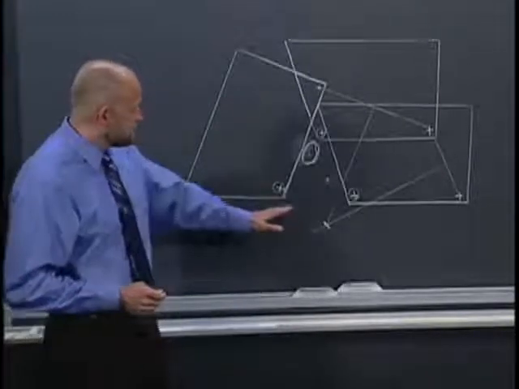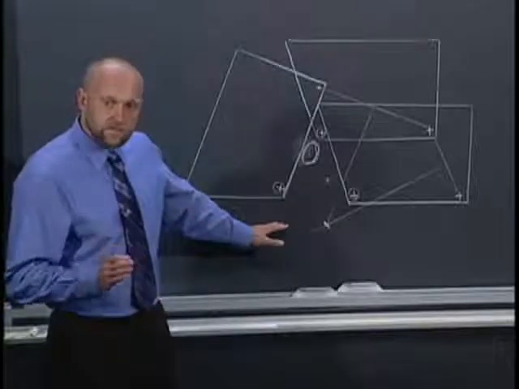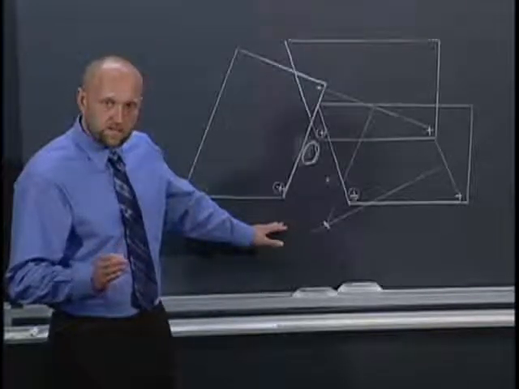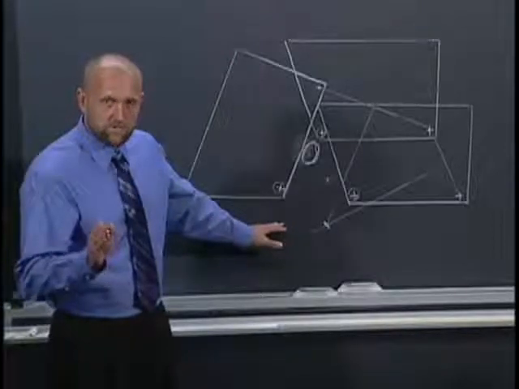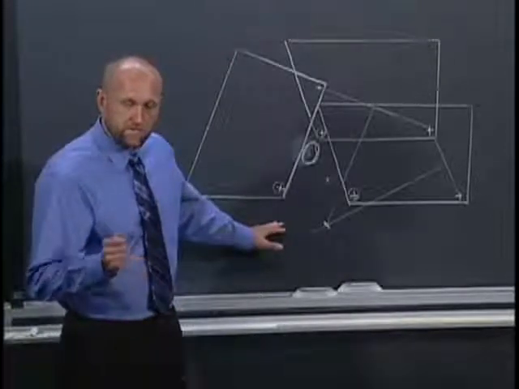So I claim that we have now synthesized a 4-bar mechanism that will do 3-position synthesis. Let me show you that that's the case by building it out of a pegboard.